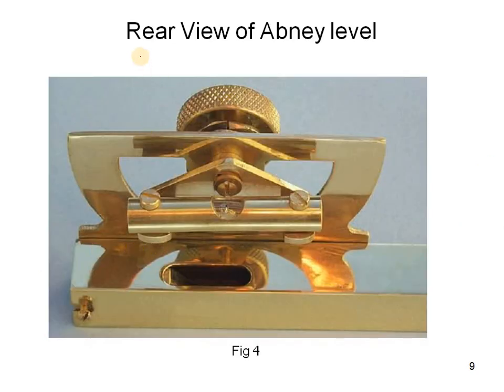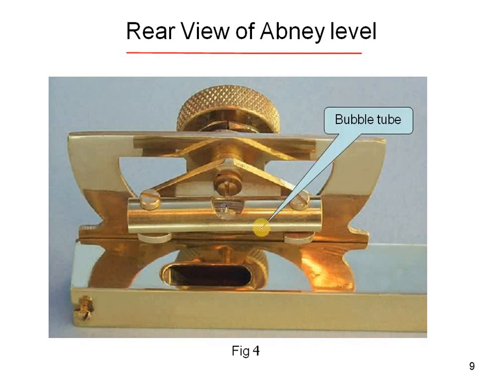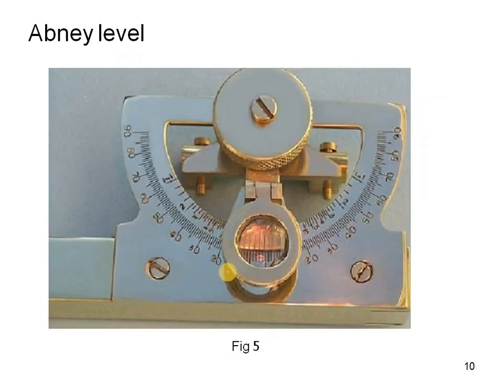So this is the rear view of the Abney level, that means we are seeing it from very near. You can observe the bubble tube, and this is the open window. This is the graduated arc, very clearly showing now.